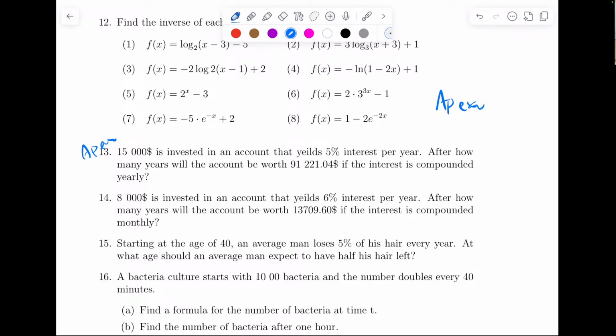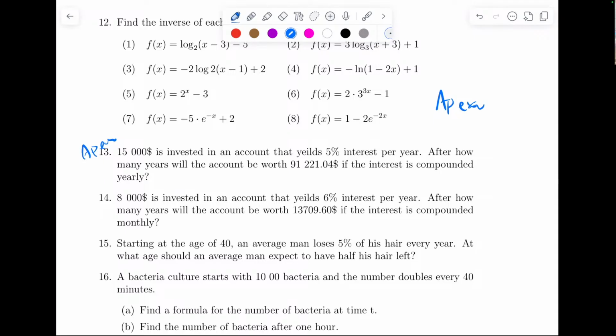For the number of times compounded. That was compounded yearly.